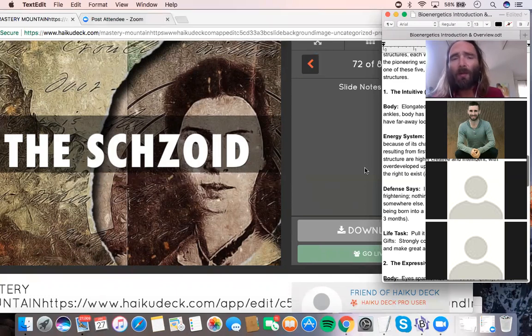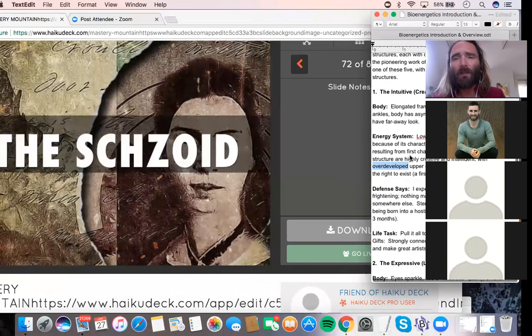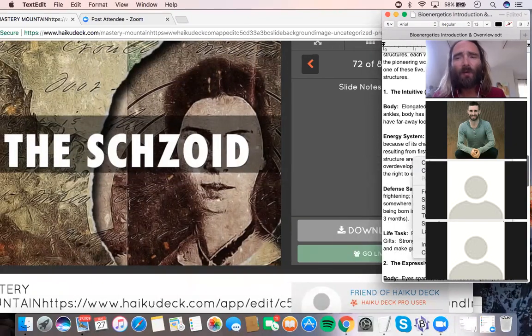Josh was asking about the body types. They have elongated frames. The Abraham Lincoln type is the classic, like that's who they always mention if you're going to hear about a schizoid. Tall, detached, kind of in their brain, long limbs, pale, like they're connected to spirit, not getting any sun, thin wrists and ankles.